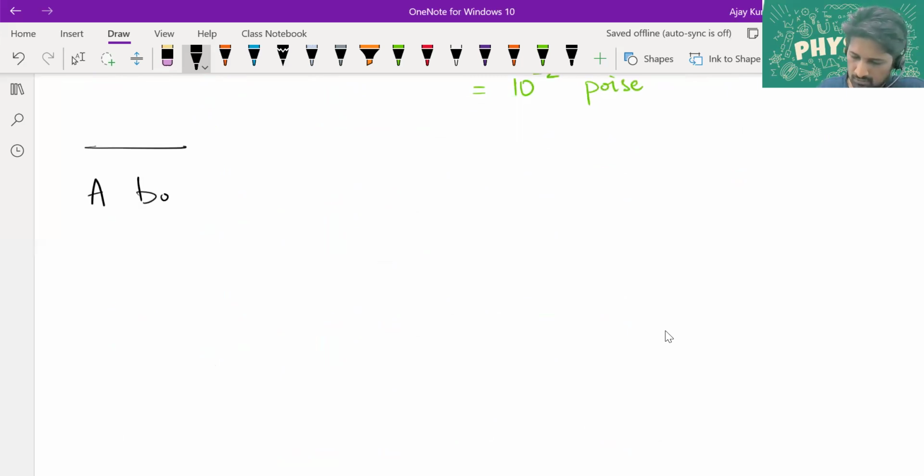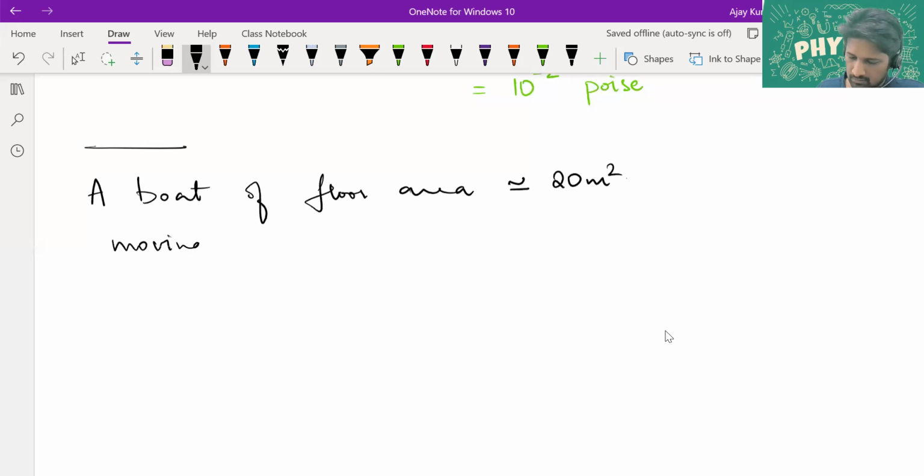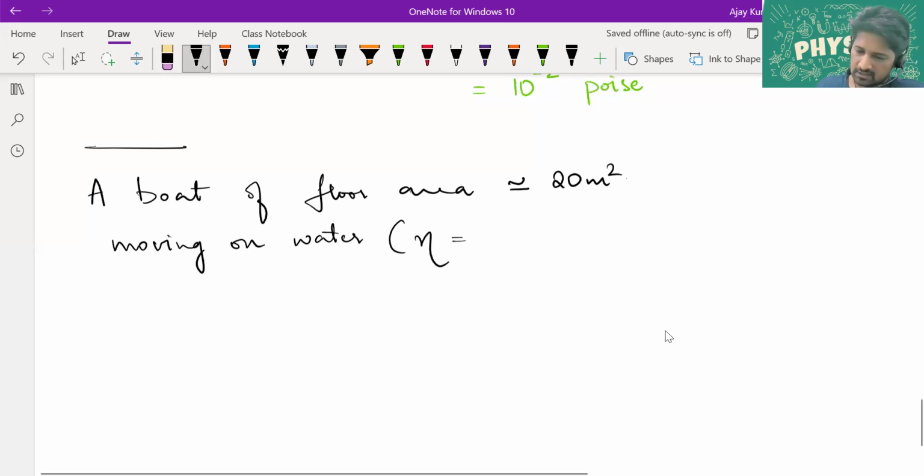Consider a boat of floor area, let's take approximately 20 square meters, moving on water. Water viscosity we just discussed: 10 power minus 3 Pascal seconds.